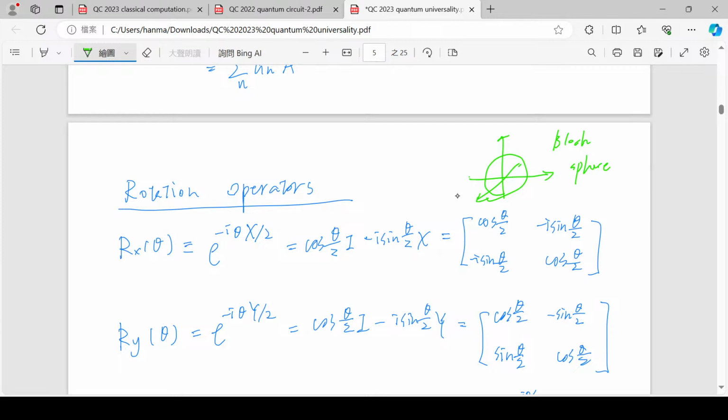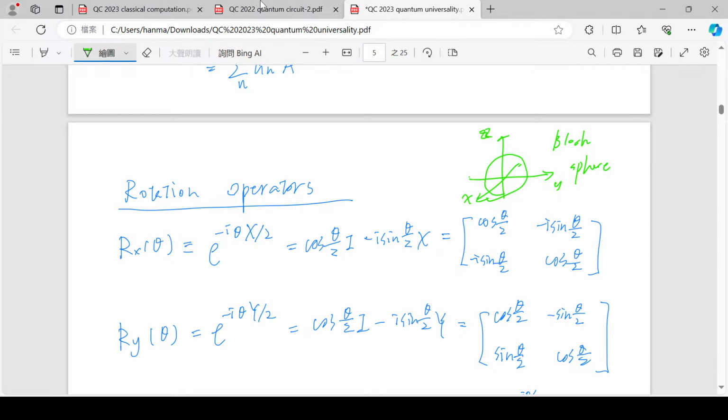Remember we said a one-qubit state can be represented as a point on this Bloch sphere, this sphere with axes X, Y, Z. And those rotation operators will actually rotate the Bloch sphere.